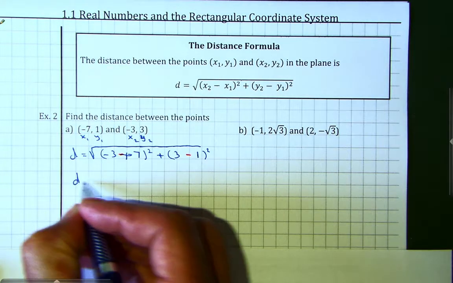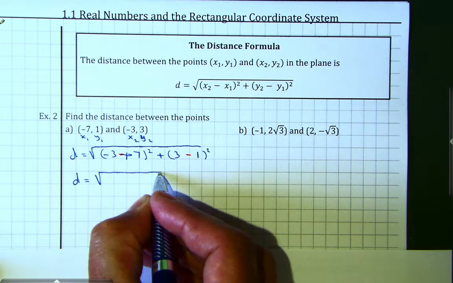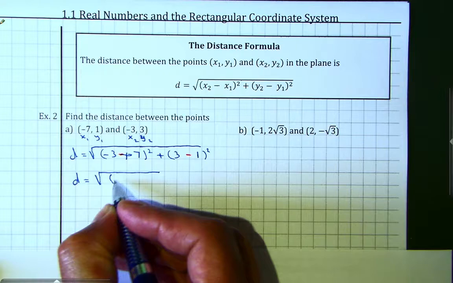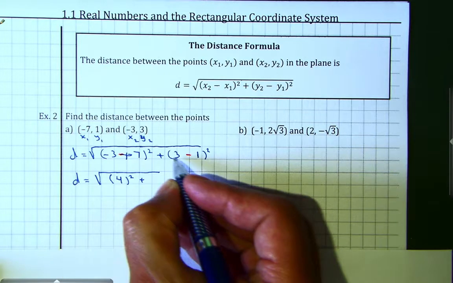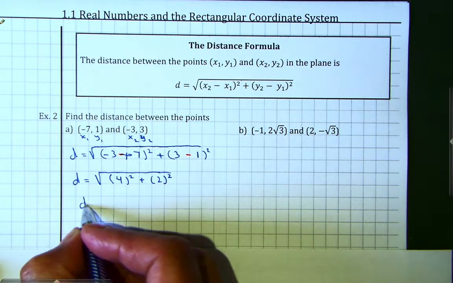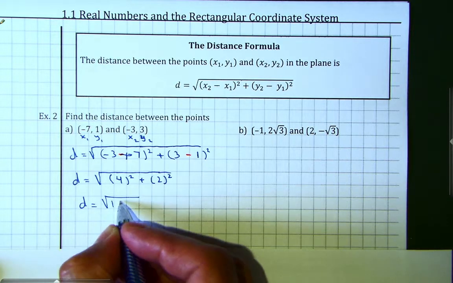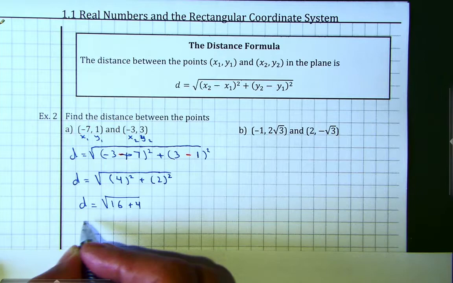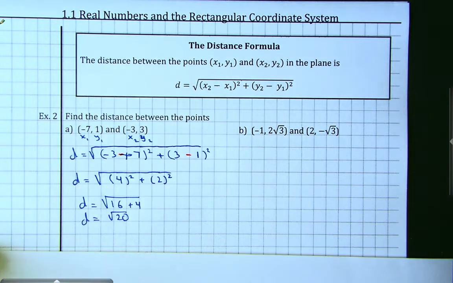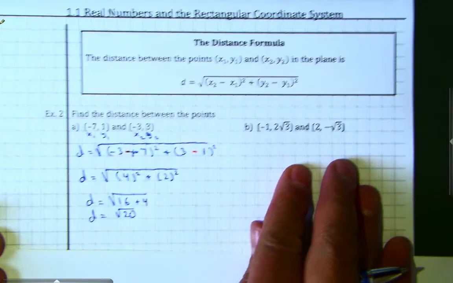So your distance, negative 3 plus 7 will be 4. So therefore it will be 4 squared. This will give me 2 squared. The distance is 16 plus 4. Your distance will be the square root of 20. And I need you to be able to simplify the square root of 20.